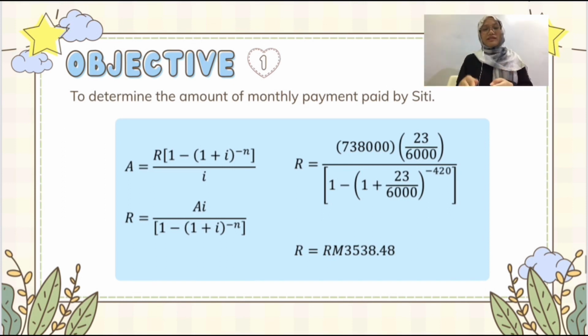We will get R equals 3,538 ringgit and 40 cents.